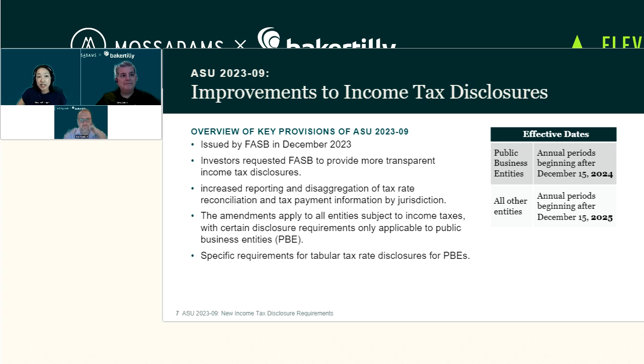All right, a little bit of history here. FASB tried to simplify the tax disclosures in the past, but this new standard will expand the tax disclosures and potentially make our jobs harder, especially if your company operates in a number of jurisdictions. Dave mentioned earlier that the reason for the change is because the stakeholders requested more transparency into the entity's taxes.